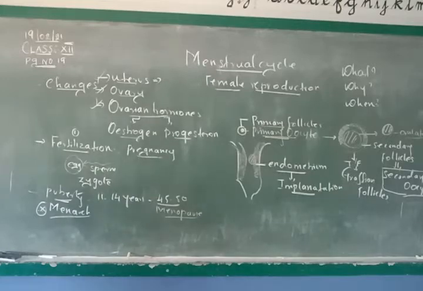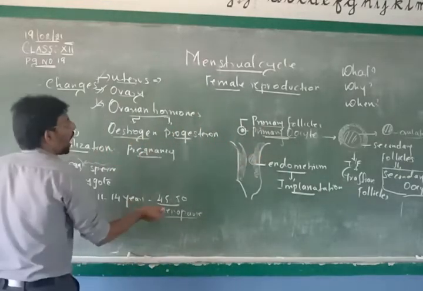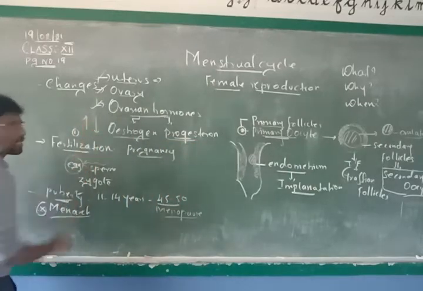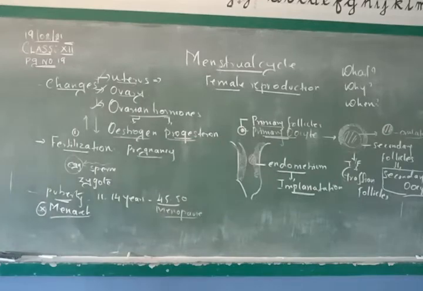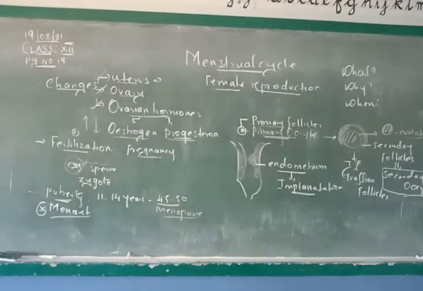And the third one, in all these steps, the estrogen hormone and the progesterone hormone will increase and decrease. So these are the changes in three different areas of the female reproductive system regarding the menstrual cycle. Still now we are studying only the basic ideas regarding the menstrual cycle.